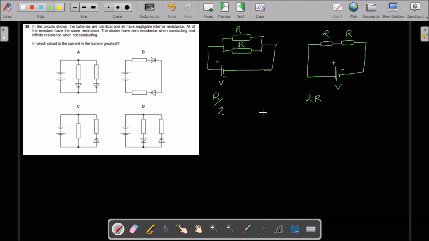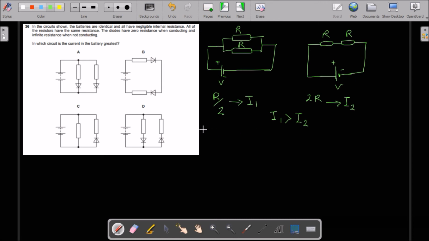That's why when R is smaller, then current is larger. So if you consider current for this one is I1 and for this one is I2, I1 is larger than I2.